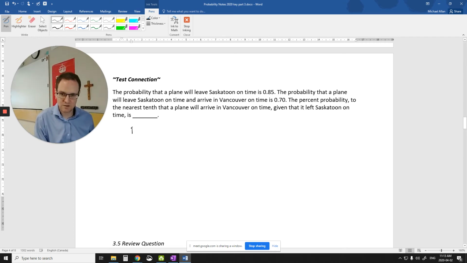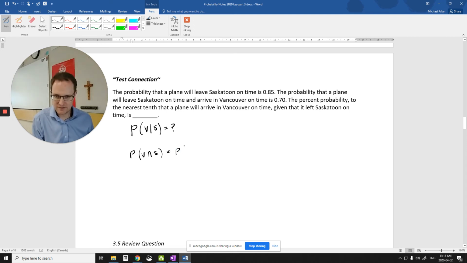So I want to know this. What is the probability that it will arrive in Vancouver on time if it left Saskatoon on time already? So we already know that event has happened. So what we know so far, well, I'm just going to write up the formula here.